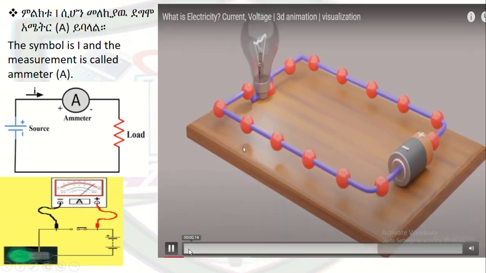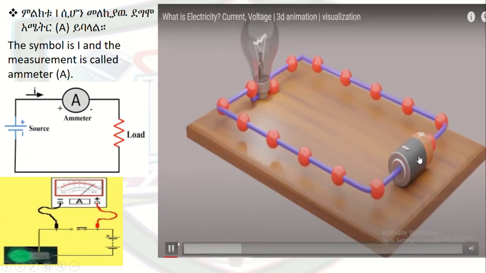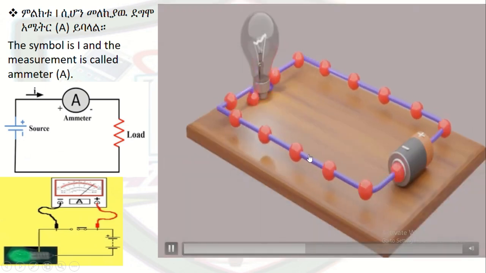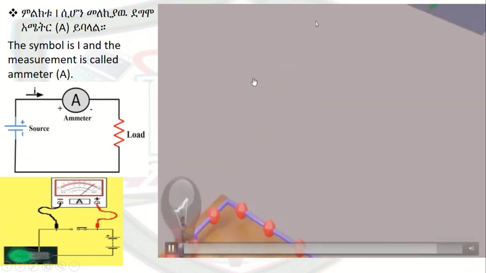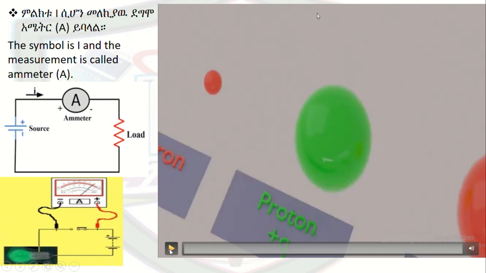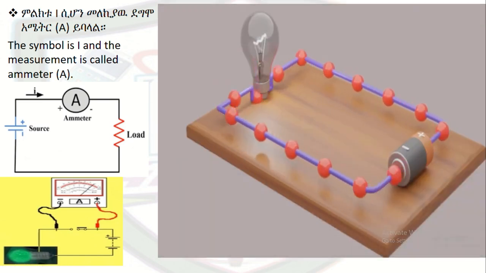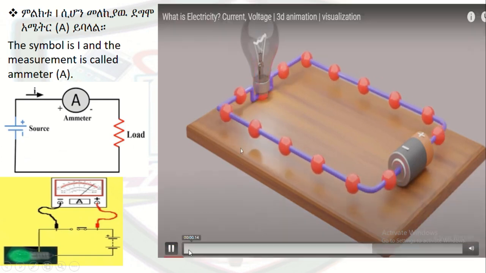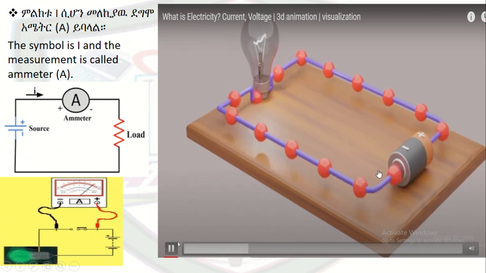As you can see here, this voltage pushes these electrons, and passing through this, the light blinks. This is used for conceptual understanding. This is very important. These are electrons.